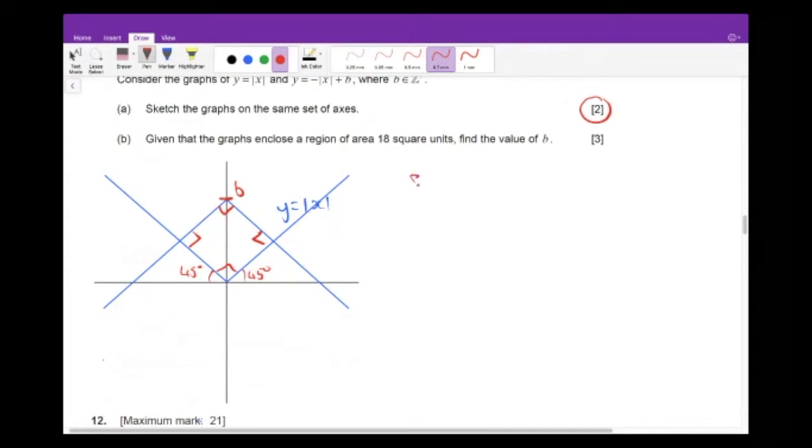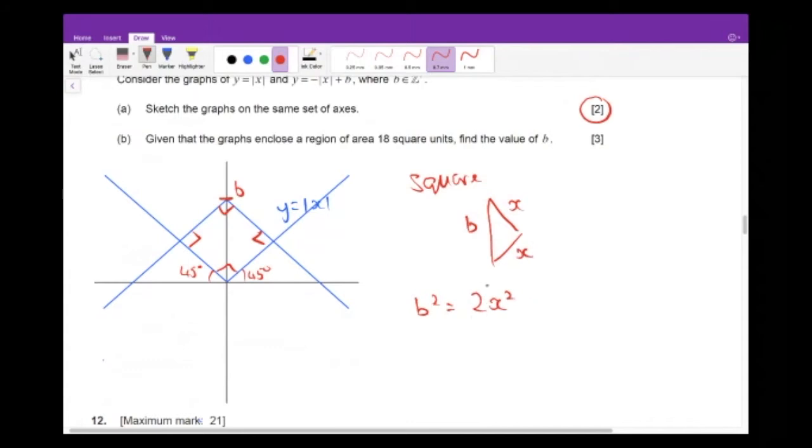So we've got a square here, where if I call the length of the square x, then the overall length, or the height, which is the hypotenuse here, is b. So we get that b squared is equal to 2 lots of x squared.